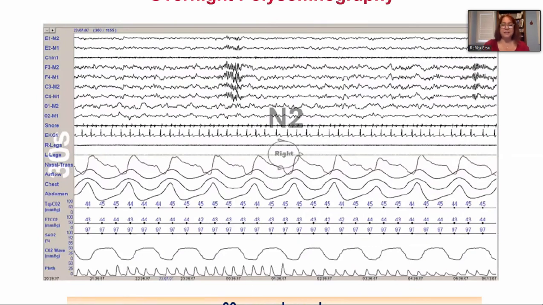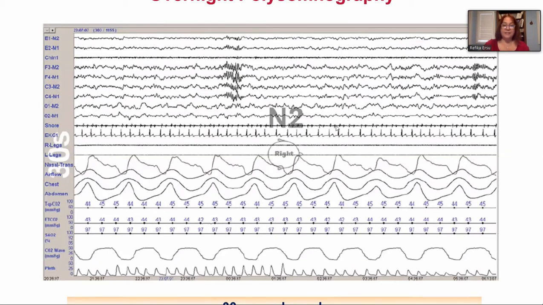When we have a polysomnography, we have 30-second epochs that we review the next day or in a couple of days, scoring both the sleep and then the respiratory signals. So we look at which stage the sleep is.